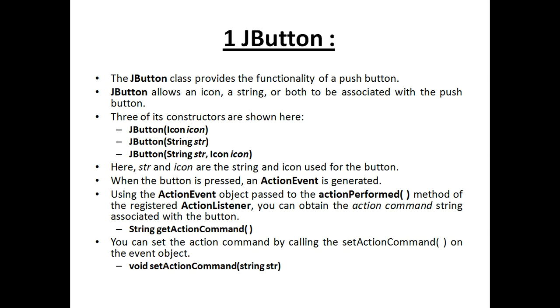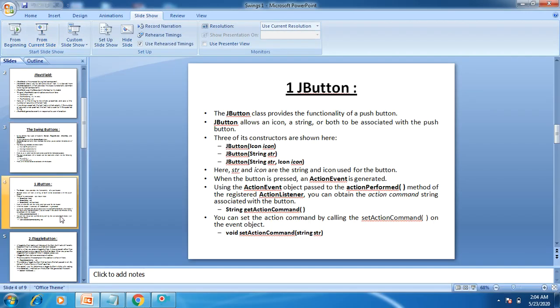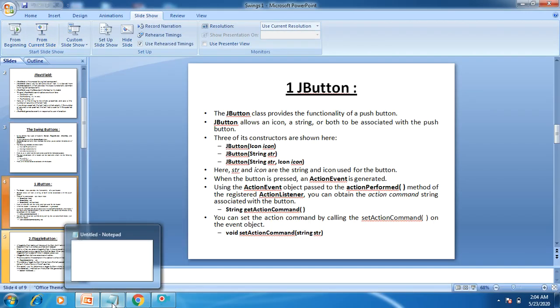You can set the action command by calling setActionCommand on the event object, which takes one parameter of type string and returns nothing. We'll see the demonstration of this JButton, then we'll go for the next one.